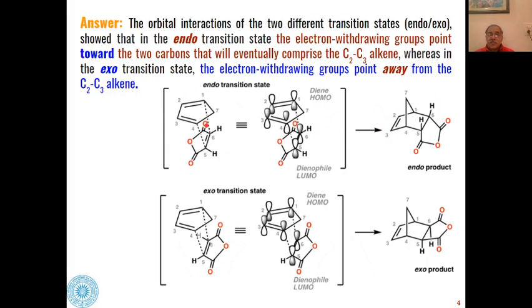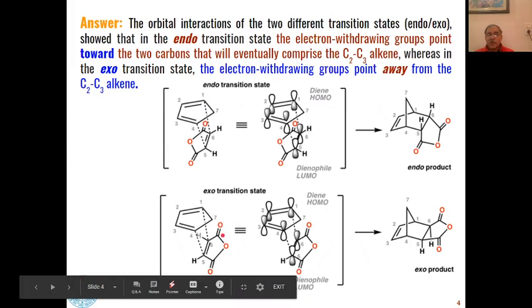Now in this case, these electron withdrawing groups are pointing towards these carbon atoms, whereas in case of exo transition state, the electron withdrawing groups point away from the 2,3 carbon of the alkene, which is going to be formed during the reaction.